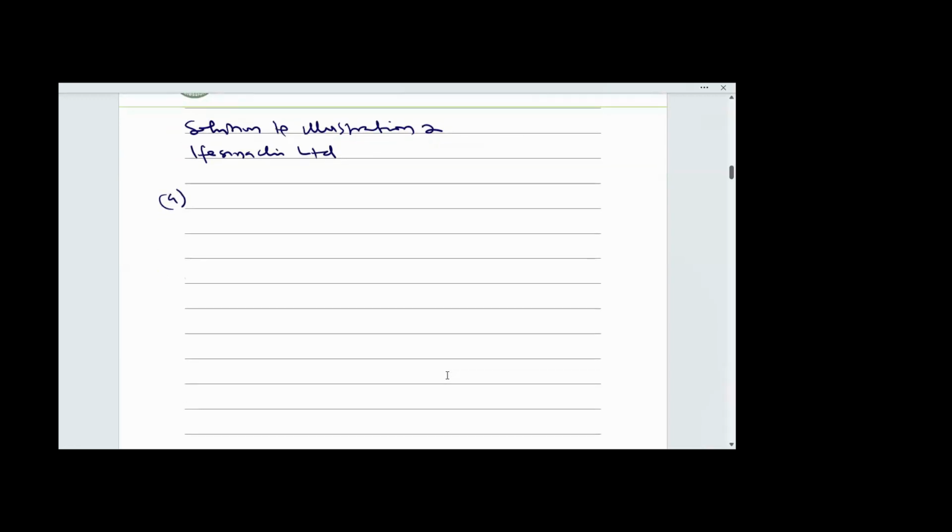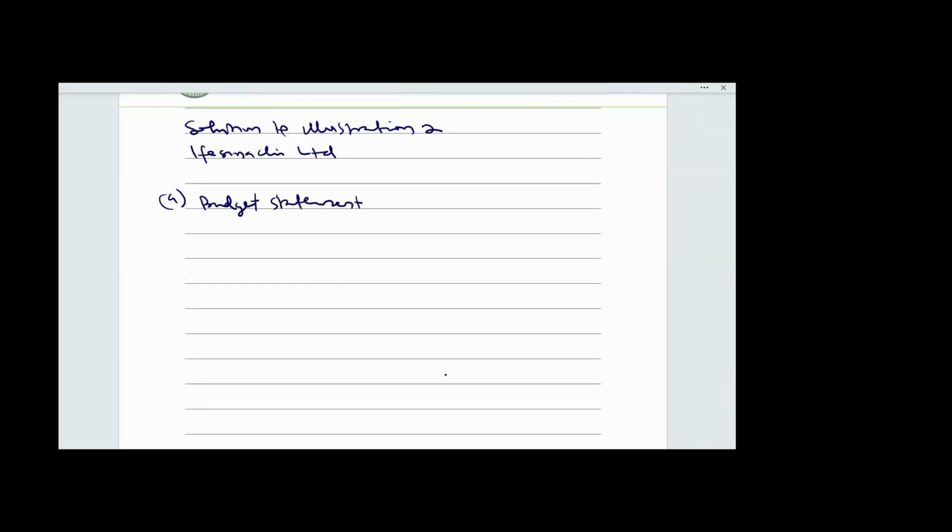The name of the company is Ife Limited. Number A, examiner says you should prepare a budget statement. Whether it's a budget statement, historical statement, income statement, operating statement, whatever statement is the same thing. All right, it's the same thing. So I will come here. Examiner has mentioned budget statement, so I use budget statement.